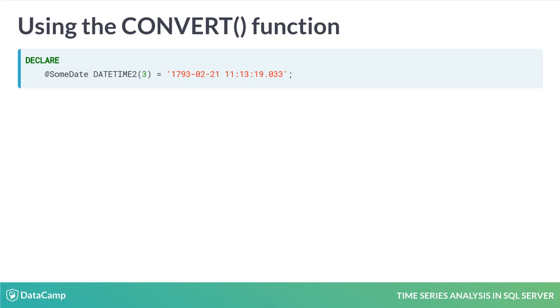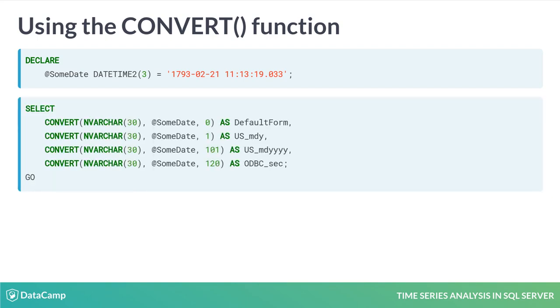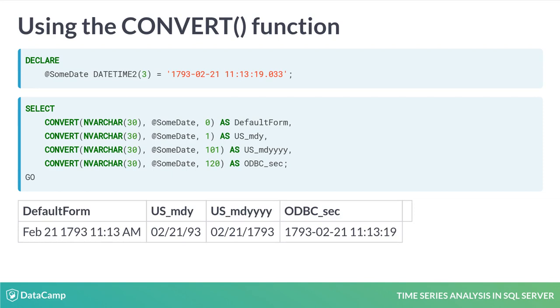The convert function takes 3 parameters: a data type, an input, and an optional style. We can see what some of these styles do to our strings. Style 0 prints out text the same way that cast does for a date-time type.